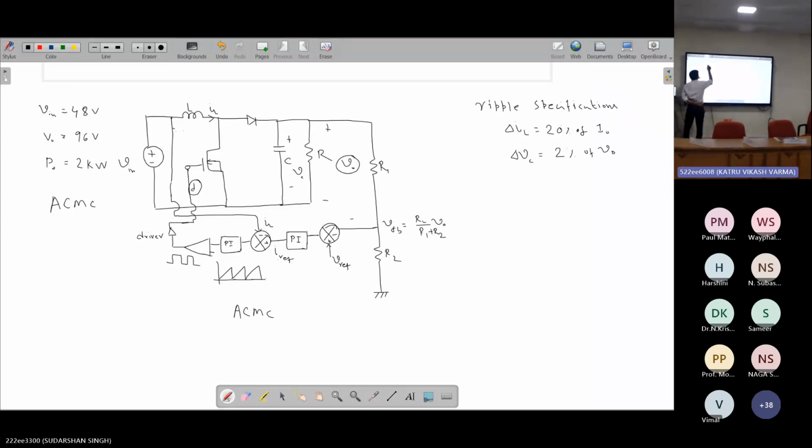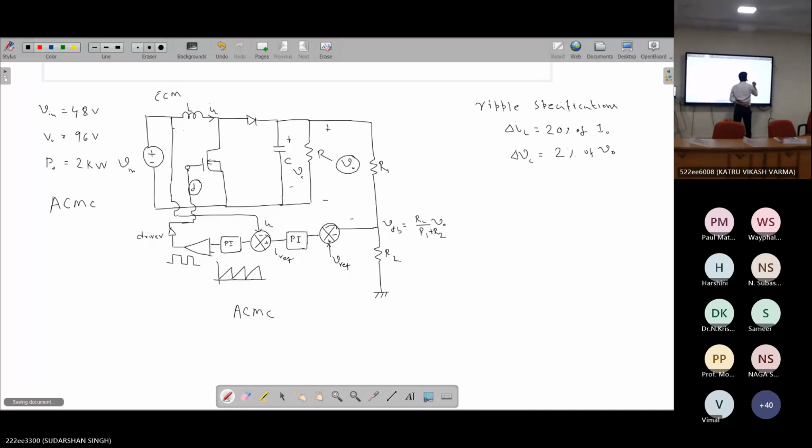Another assumption that we are making is that this converter is operating in continuous conduction mode. Okay. So what is the meaning of continuous conduction mode? Continuous conduction mode means the inductor current never becomes zero in a switching cycle. Okay.